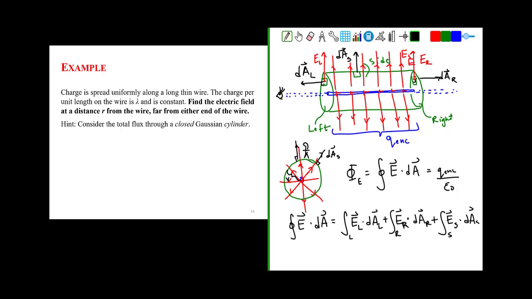And all of this has to be equal to how much charge is contained by that closed Gaussian surface over epsilon naught.